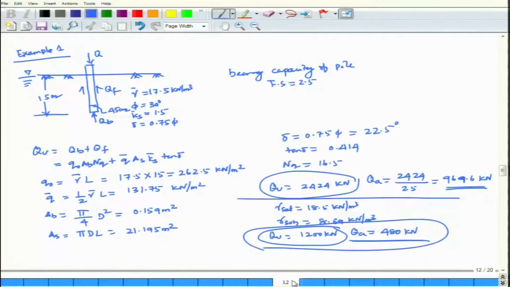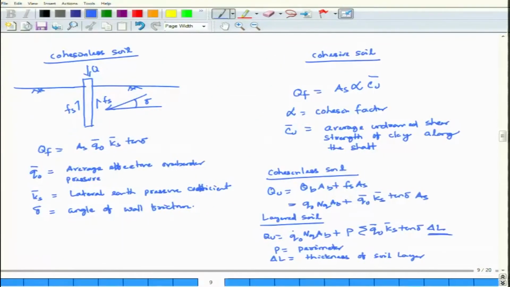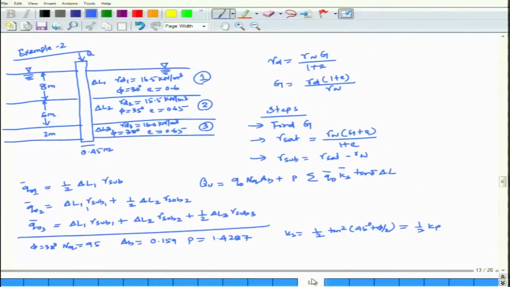If you come back here, so example 2, there is a layer case. In the layer case, earlier I have said for layered soil Qu is equal to Q0 NQ AB plus P summation of Q0 bar Ks bar tan delta delta L. Now if you look at here, there are 3 layers, layer 1, layer 2, layer 3.